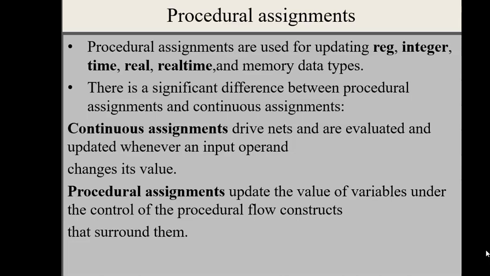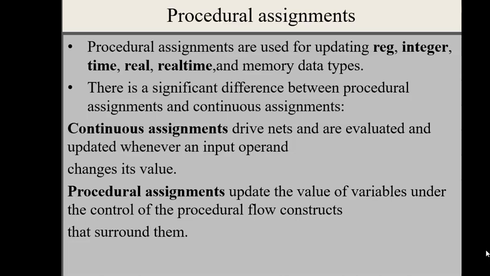Then what is the difference between the two? Continuous assignments drive the nets and are evaluated and updated whenever an input operand changes its value, which we have seen. So whenever the right hand side of an assignment statement changes, that statement will be executed and the result will be assigned to the LHS, left hand side of the assignment statement.